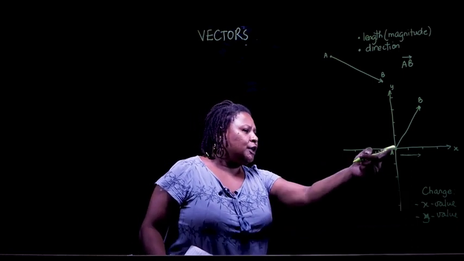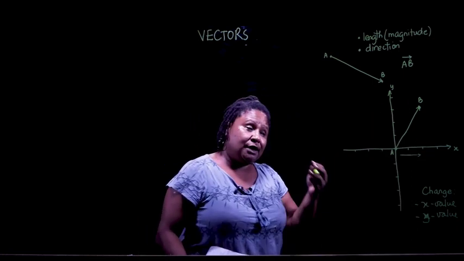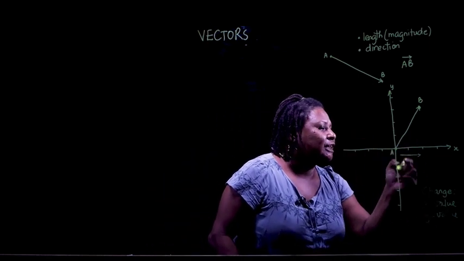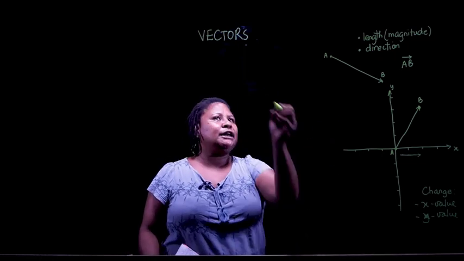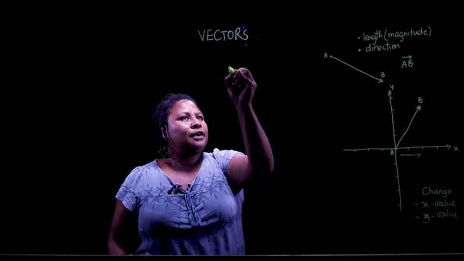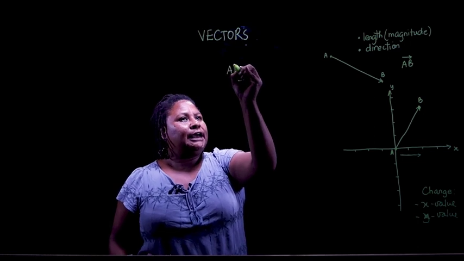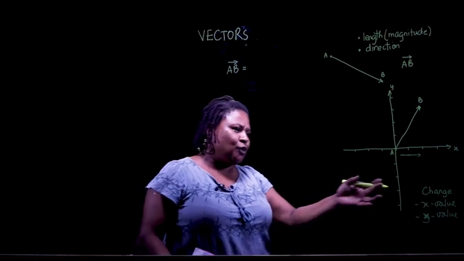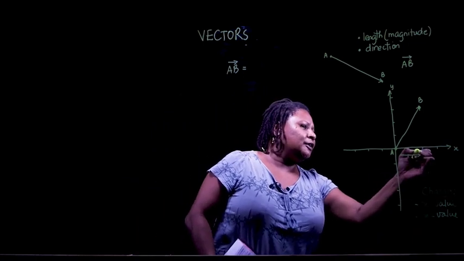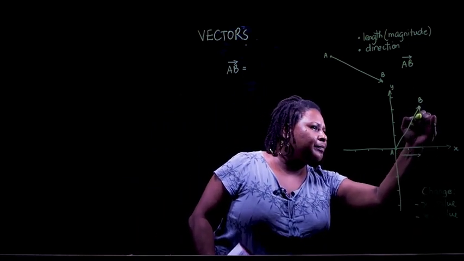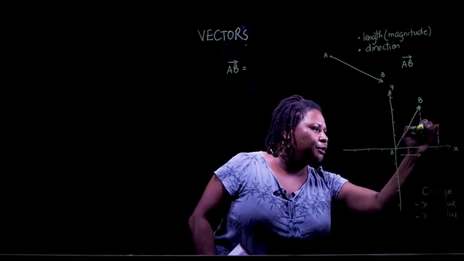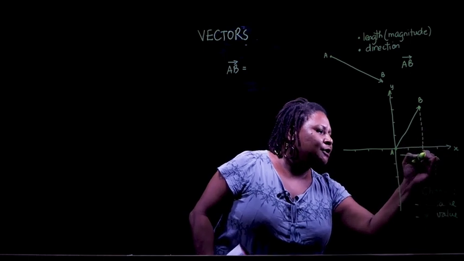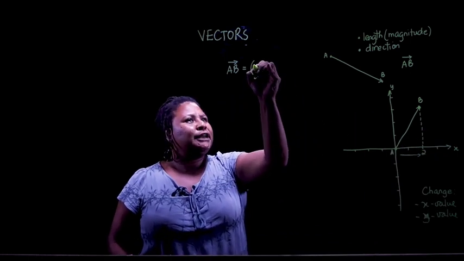If I were to give the direction of this vector and how I need to travel, I will give vector AB as coordinates, or x and y values. Let's draw from point B down to the x-axis so we can see where it is: at 2. So I'm going to write 2.